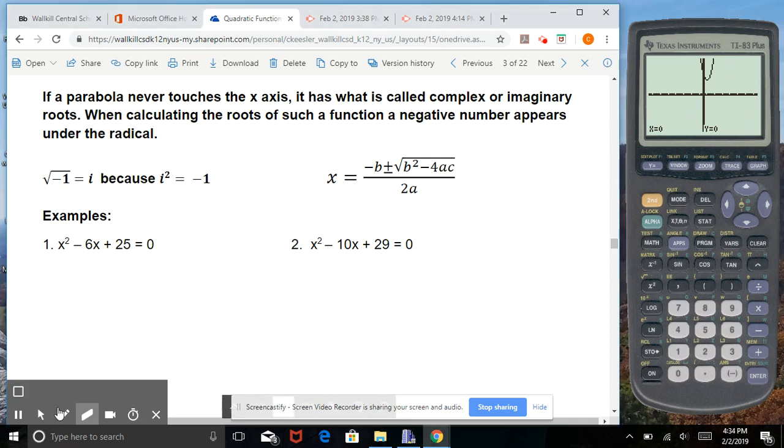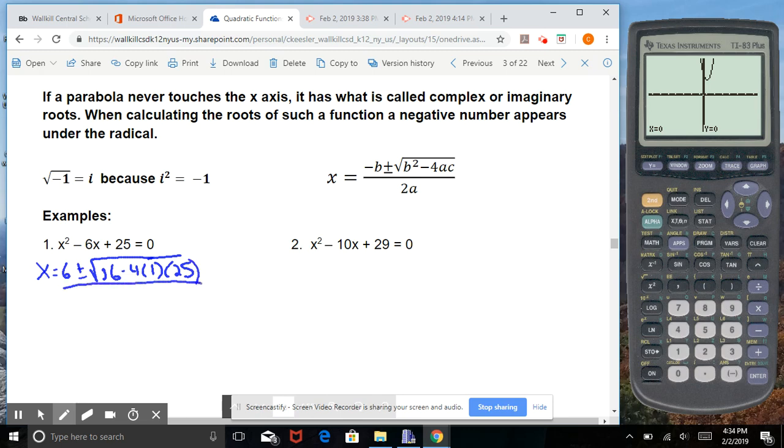So taking a look at number 1 again, we're going to plug it into the quadratic formula the same way we did yesterday. So x equals negative b, which is -6, so that's going to be +6, plus or minus the square root of -6 squared, which is 36, minus 4 times 1, which is a, times 25, which is c, all over 2 times 1, which is just 2.